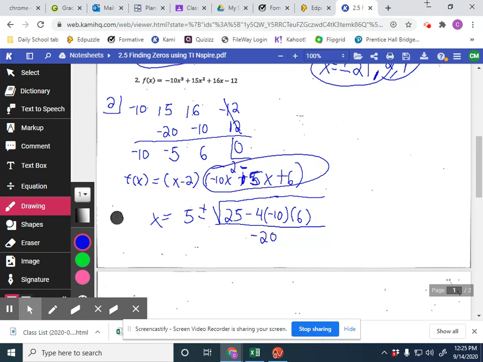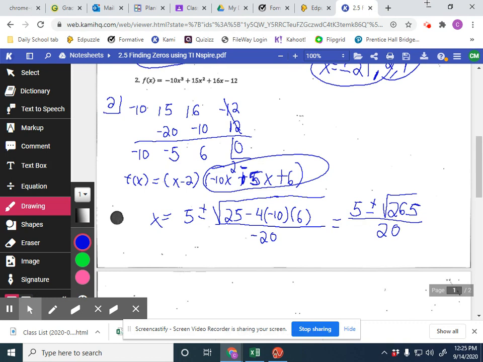All right, that's where you can rely on your calculator. This is a mess right here. When we multiply 4, -10, and 6 it gives us -240. So you would have 25 minus -240, so you really would add. So inside that, your discriminant is going to be the square root of 265. So we're going to have 5 plus or minus the square root of 265, and it's over 20.